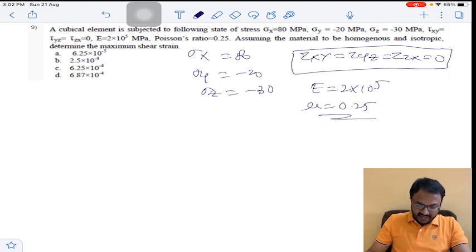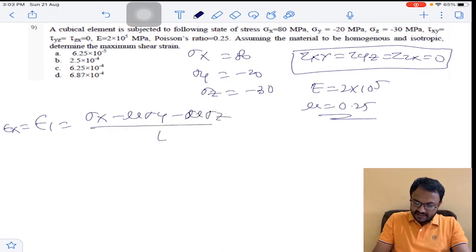First of all, he has given principal stresses, so we can calculate principal strains easily. So E1, that is nothing but Ex, is equal to sigma x minus mu sigma y minus mu sigma z, divided by E. If you substitute the values, you will get 4.625 into 10 power minus 4.